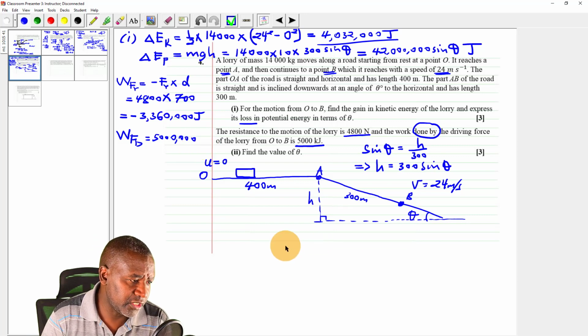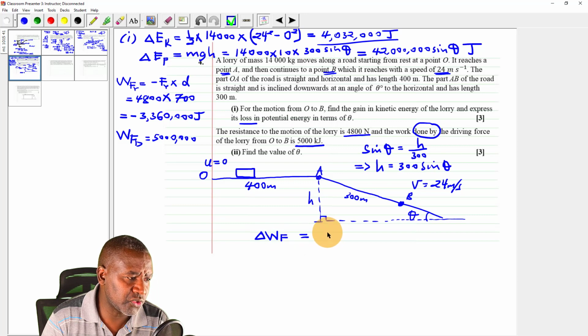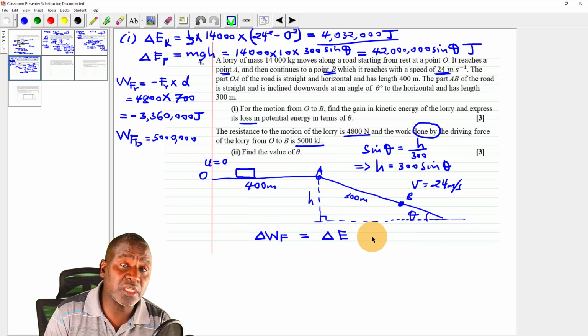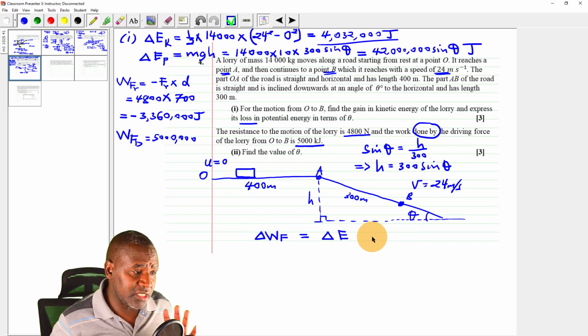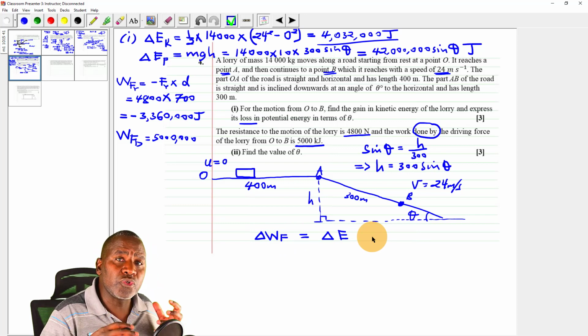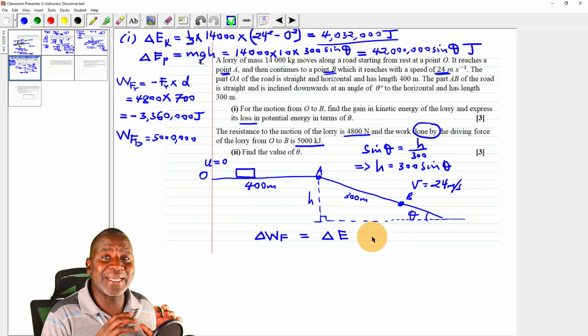The expression is very simple. Work done by external forces is equal to gain in energy. But probably it would be good to state this in words, because these are just symbols that I like to use, because in these past papers the concepts are almost the same.